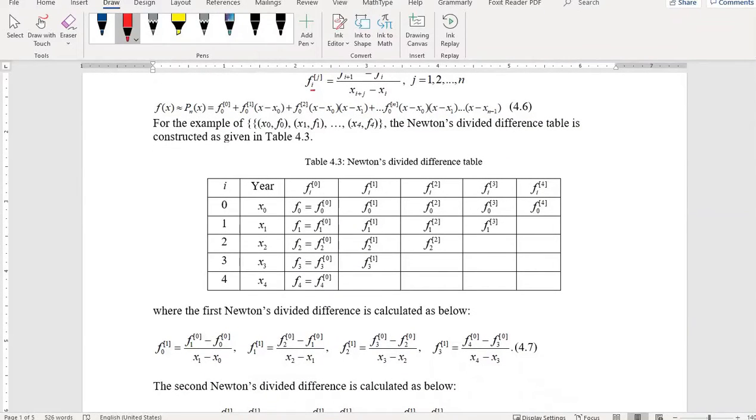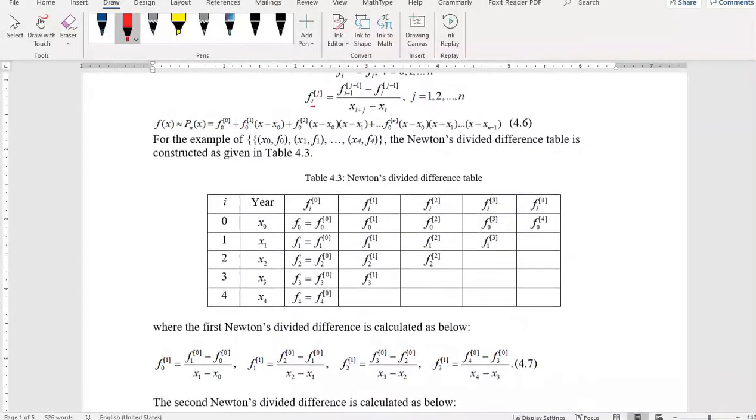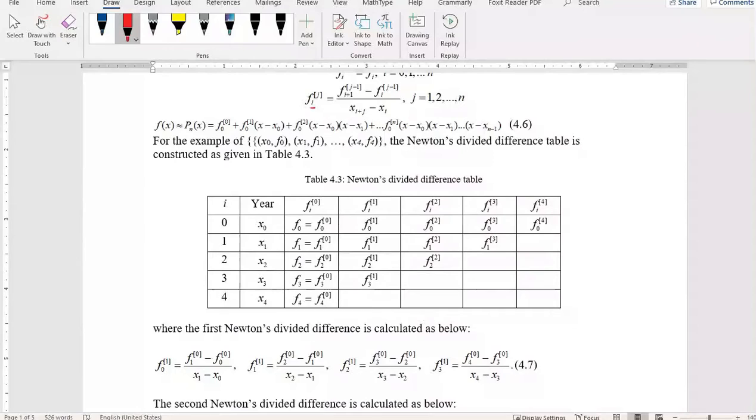The first level is dependent on the 0 level, second level on the first level, third level on the second level, fourth level on the third level. So the formula looks like you calculate a slope, a derivative.